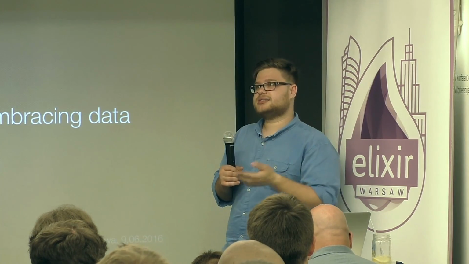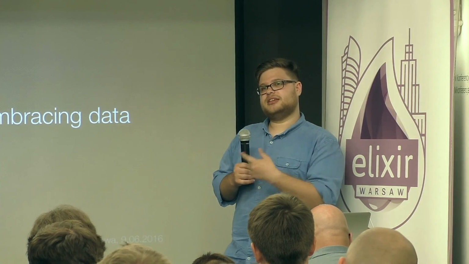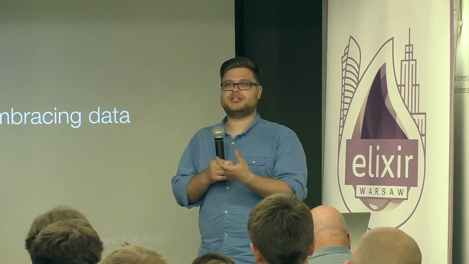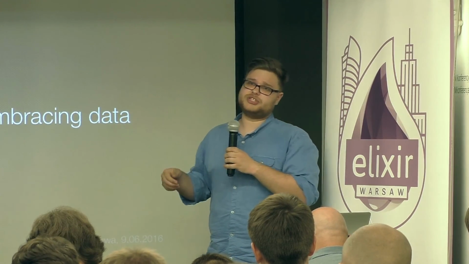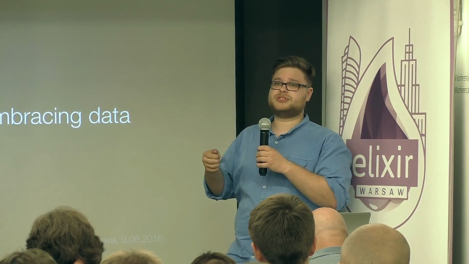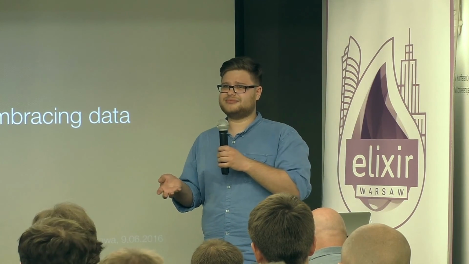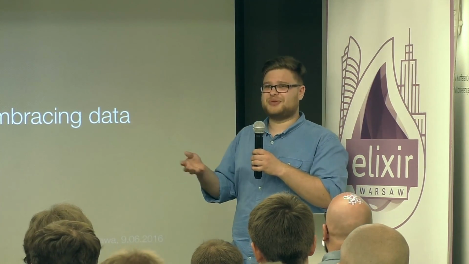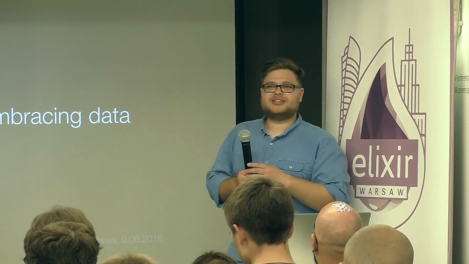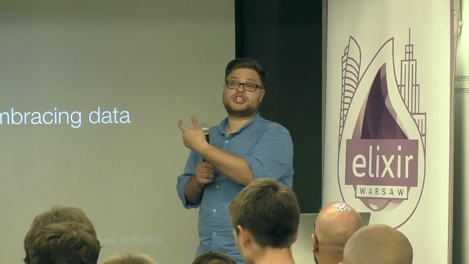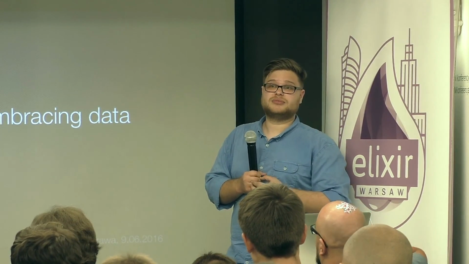But the last of the important fields is called changes, and this field holds the information about all the changes you want to do, all the changes you extracted from the params and converted to proper types, and then you can validate the values on the changes.